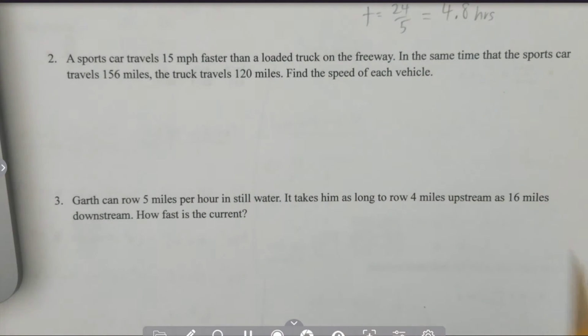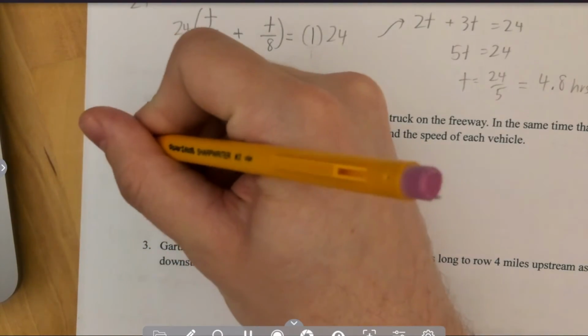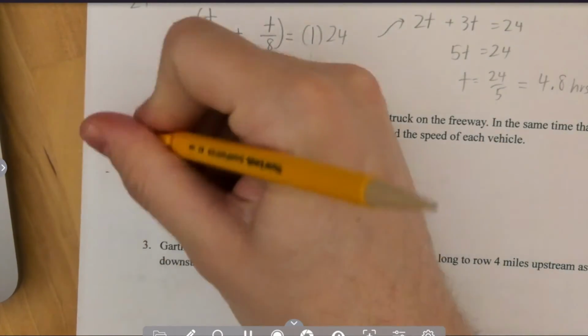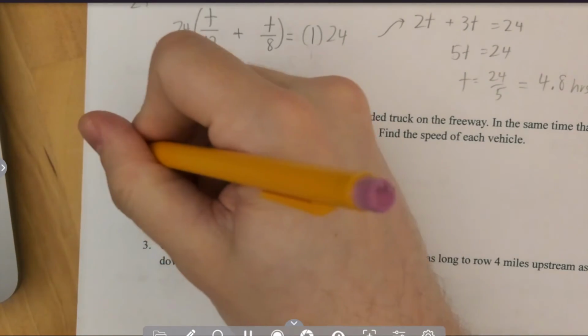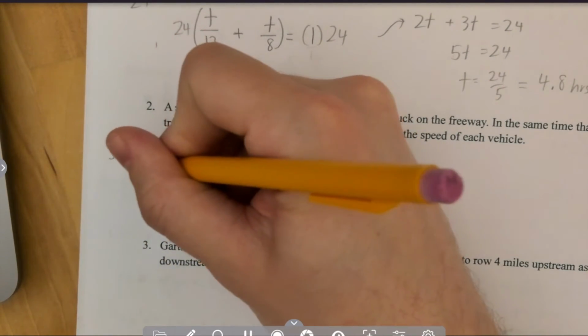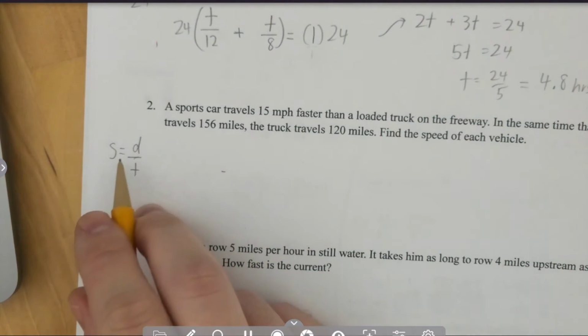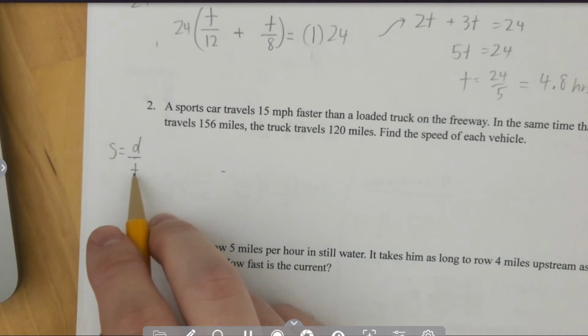Find the speed of each vehicle. The thing that we're going to really focus in on is that speed is equal to the distance you go divided by the time you had to go that distance. So speed equals distance divided by time.